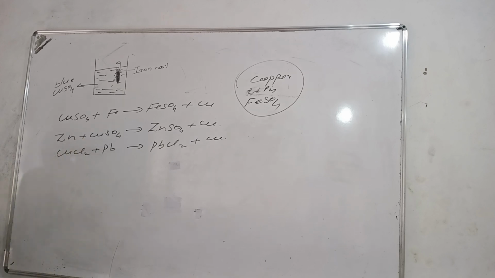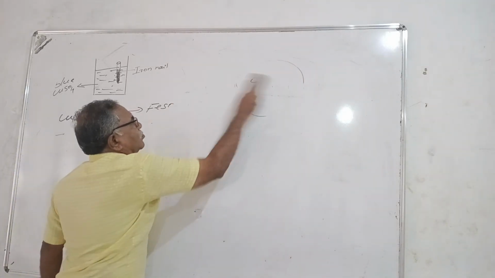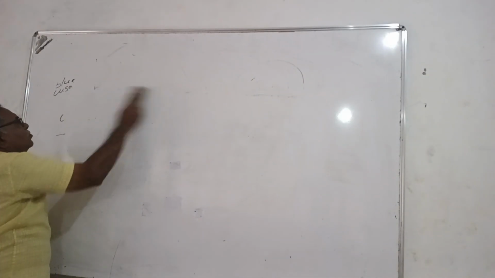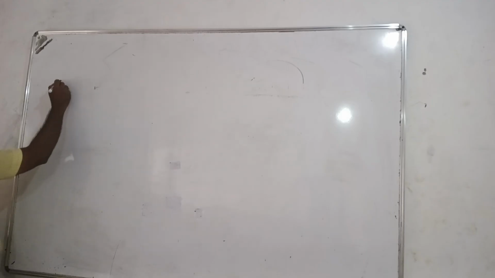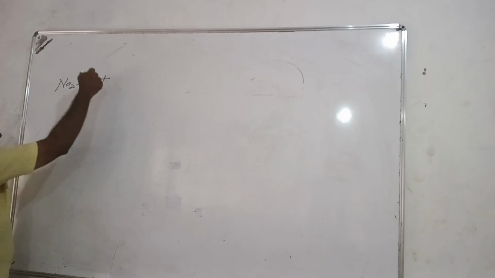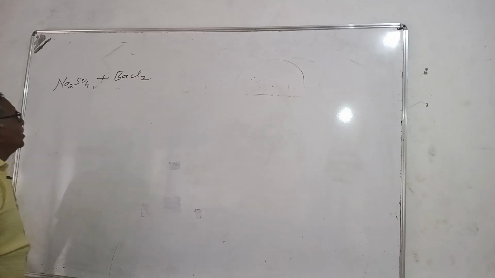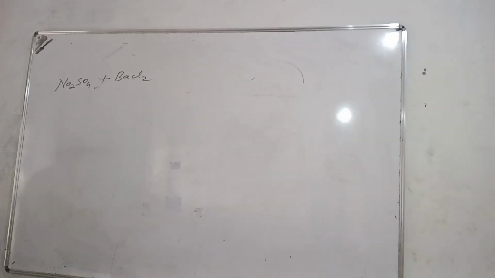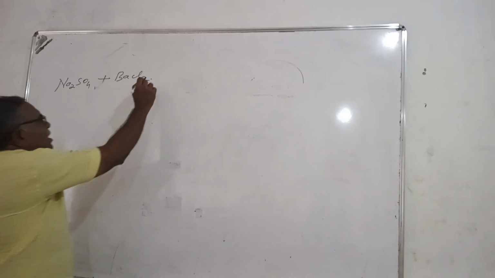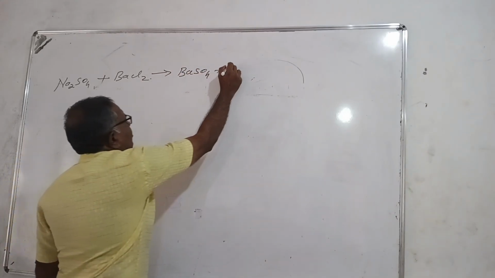Okay, look, another type of reaction. See, barium chloride is added to sodium sulfate, Na2SO4. You get a white precipitate of barium sulfate plus sodium chloride.